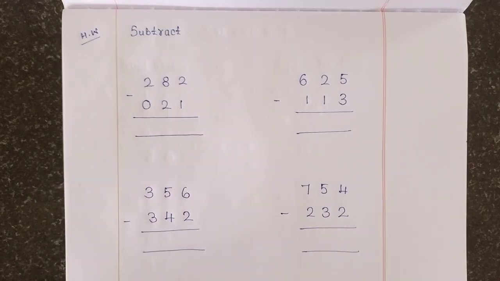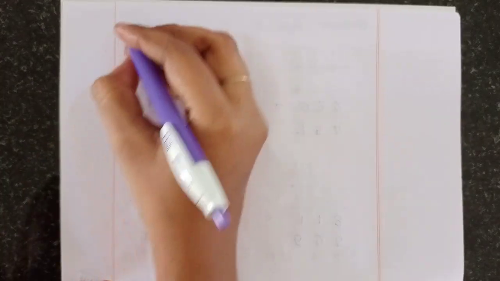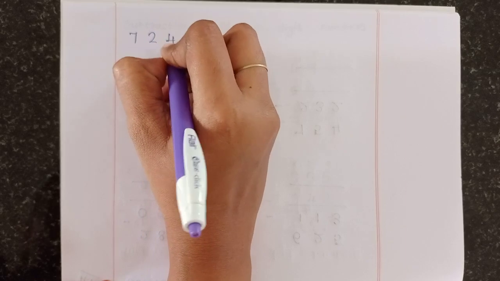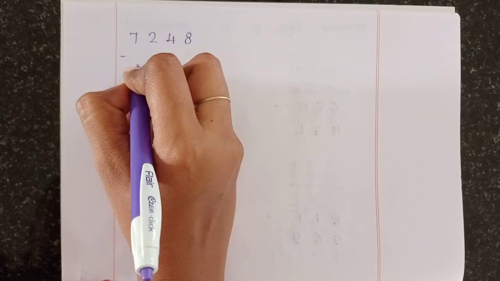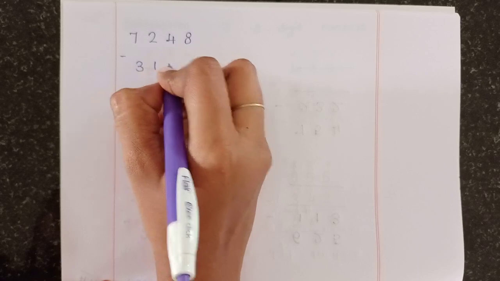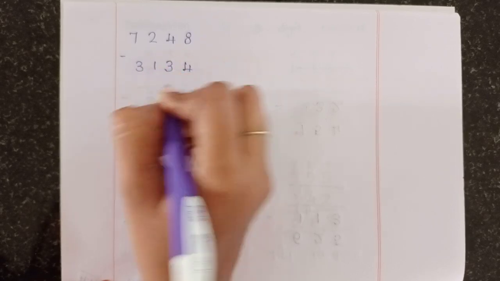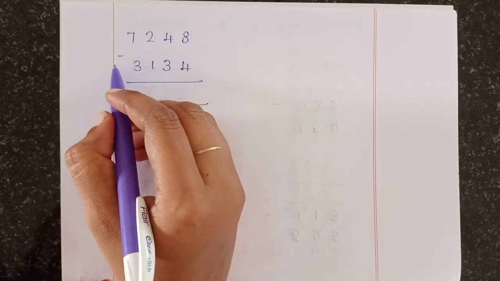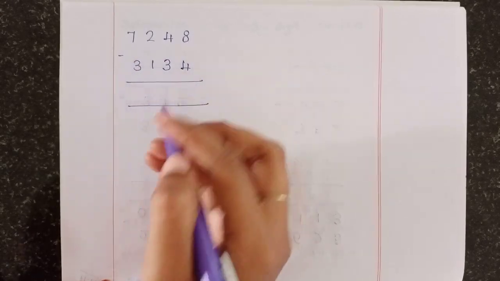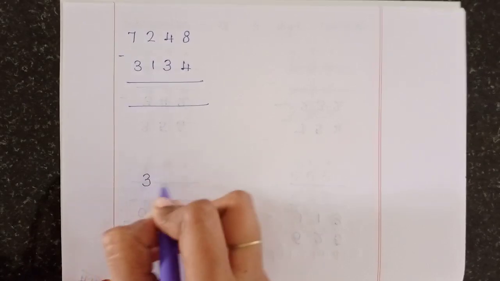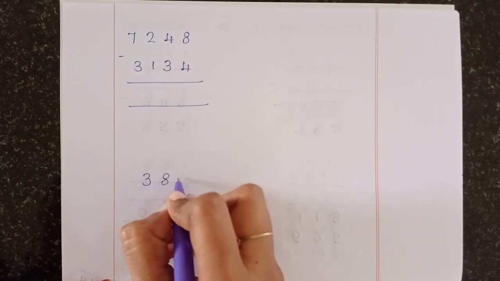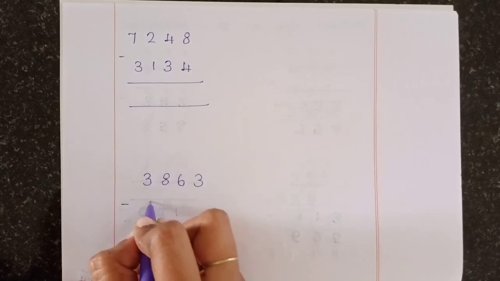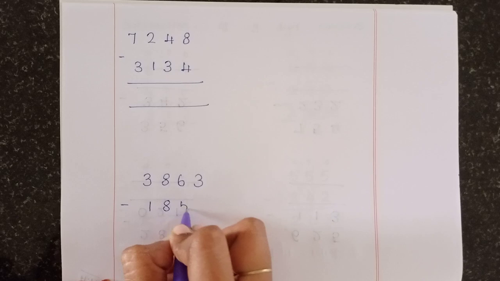Next page. Take the next page and write with me. 7248 minus 3134. 3863 minus 1852.